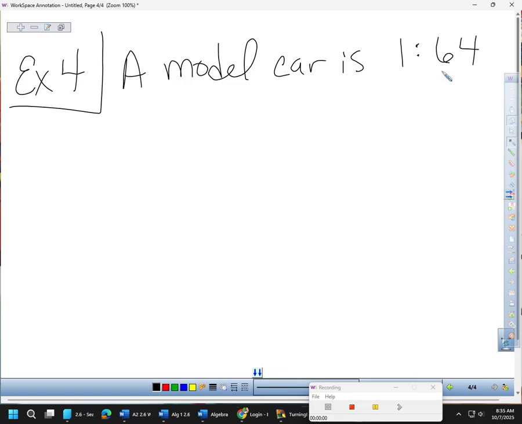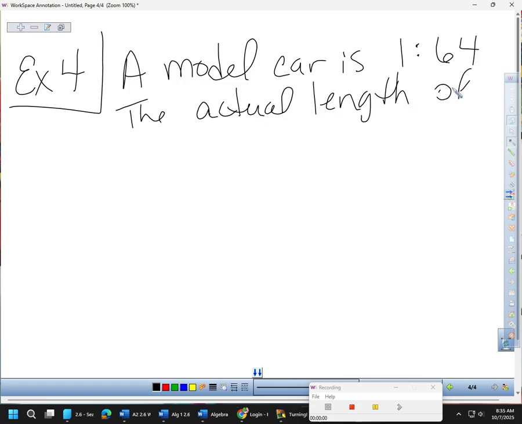Sounds good. And the actual length of the car is, I don't know, how long is the car? 14 feet? Yeah. Sure, sounds good. 14 feet. I want to know how wide.